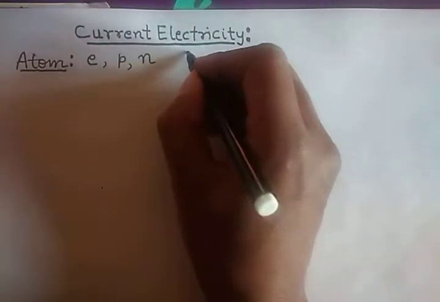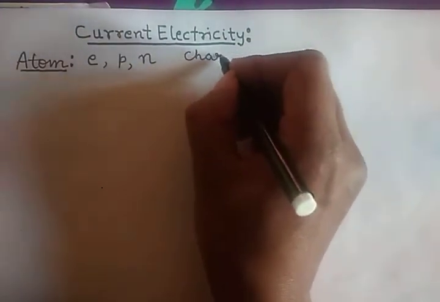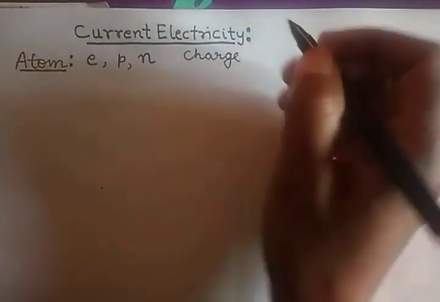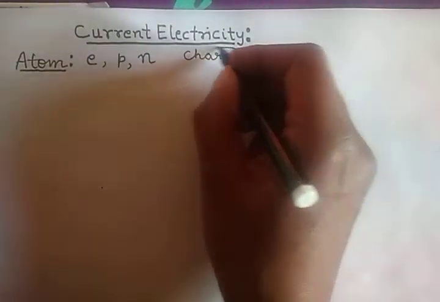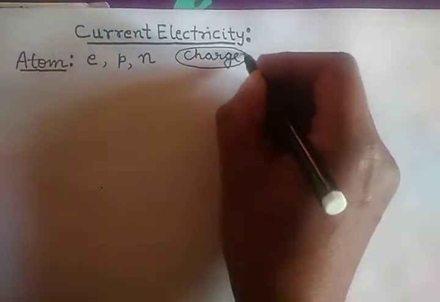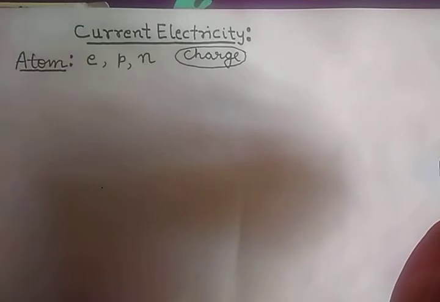Now, like we know about mass, another kind of property of matter is also there, which is called charge. What is charge? I will explain it a little later, but right now let us know a little bit about it. When we rub a comb over our dry hair, it attracts paper pieces.